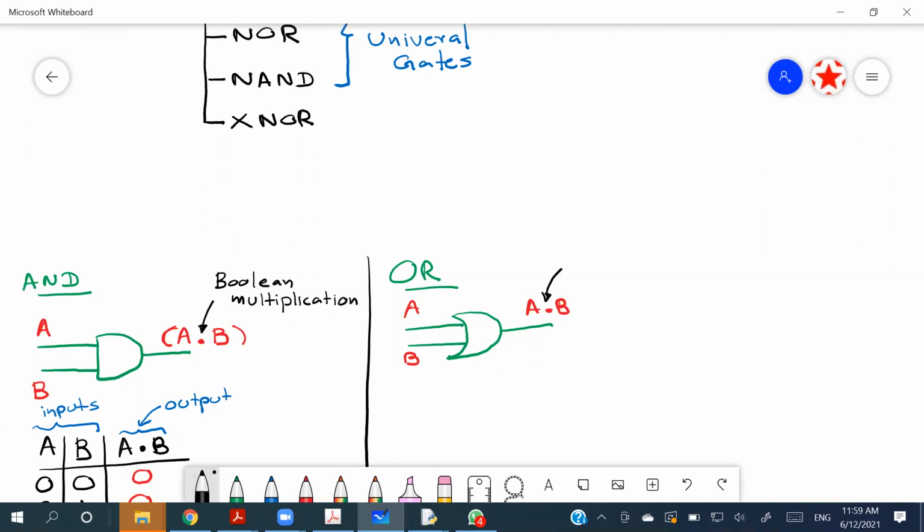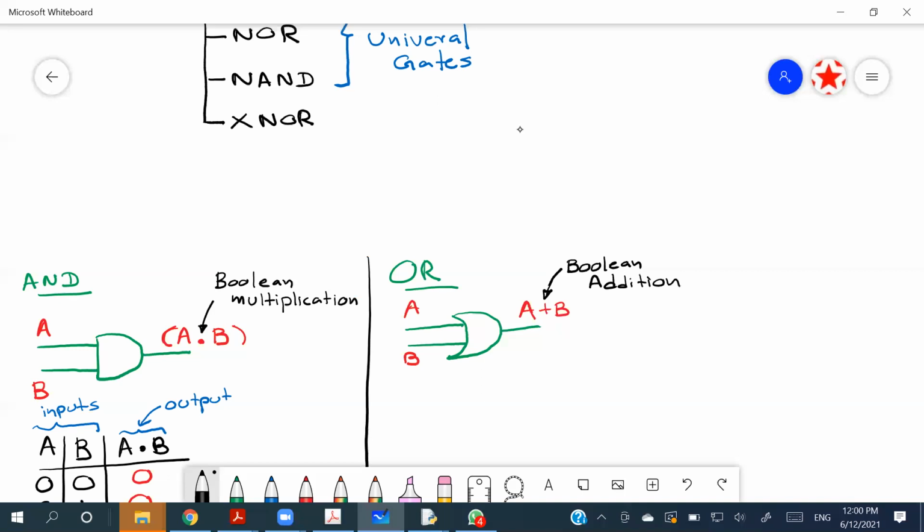So it is called Boolean... I'm sorry, my bad. It's not the dot, it's the plus. A plus B. And this is called Boolean addition.